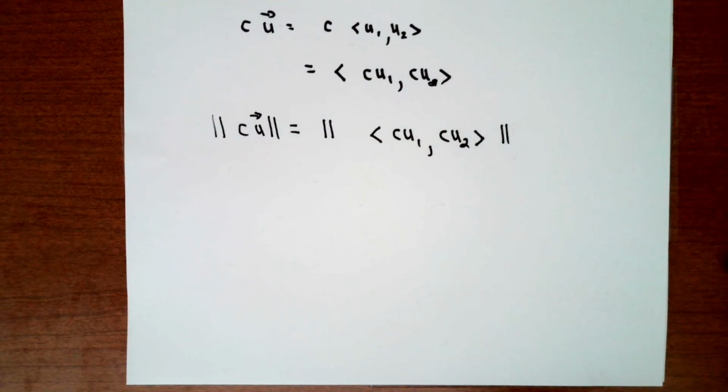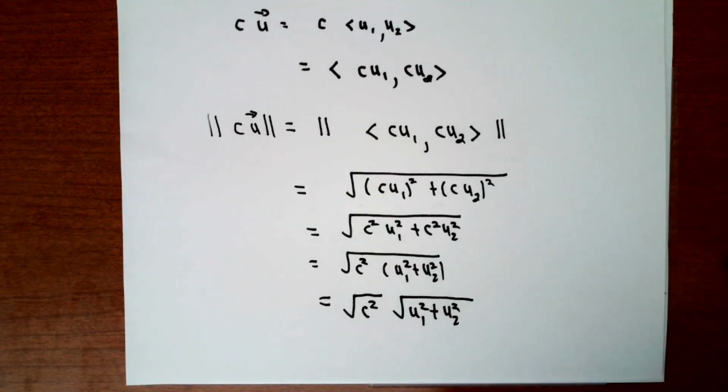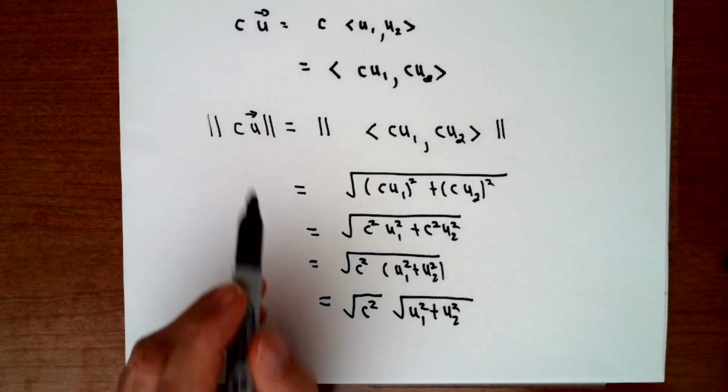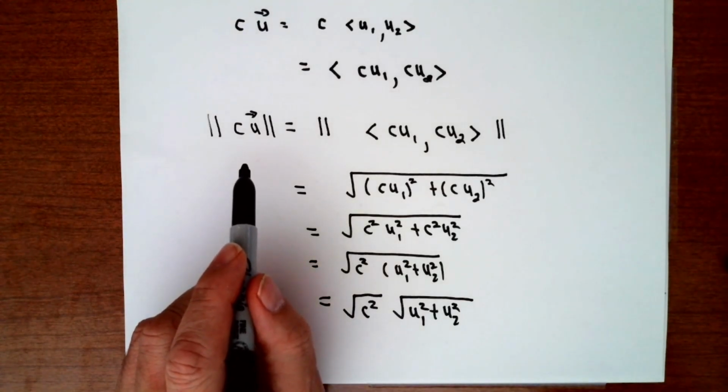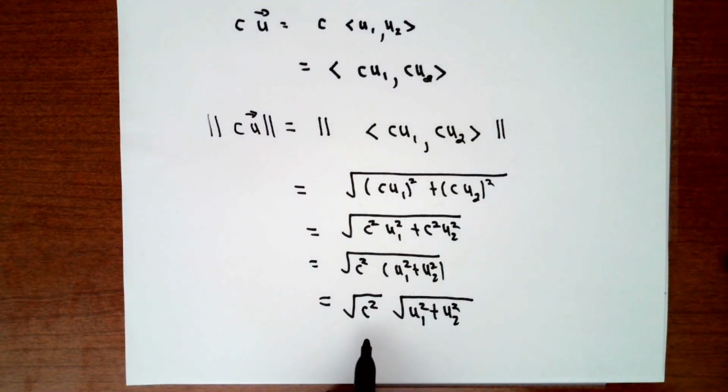The way we do magnitudes, we square the components, we add them up, and do the square root. Using elementary algebra, it's not hard to see that the magnitude of c times u is radical c squared times radical u1 squared plus u2 squared.